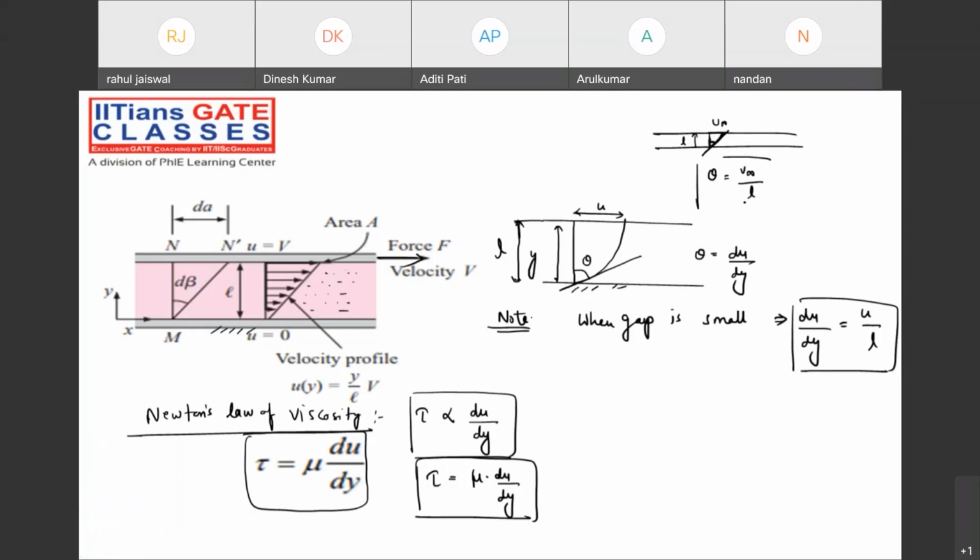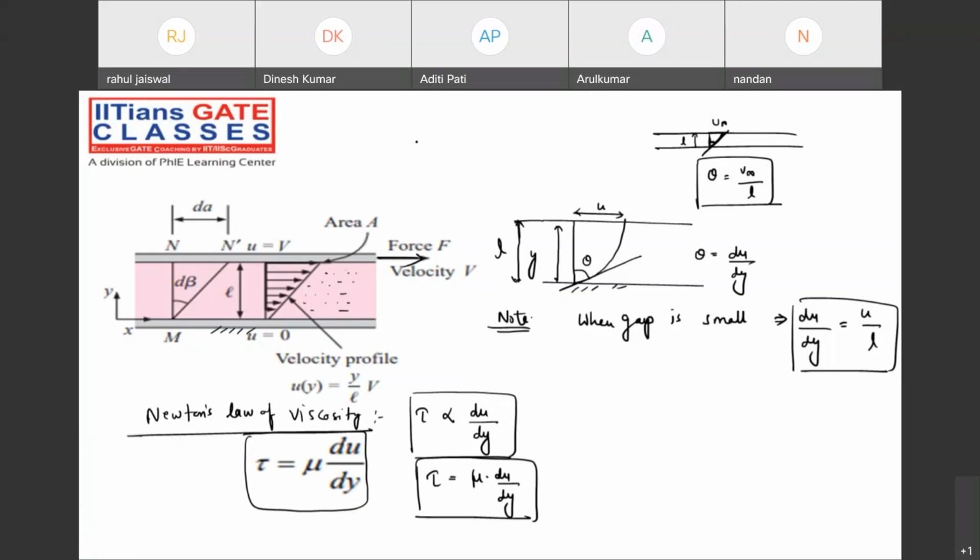Yes or no, guys? Is everyone understanding? In what condition can we assume the velocity profile to be linear? When the gap is very small. It's not rocket science.